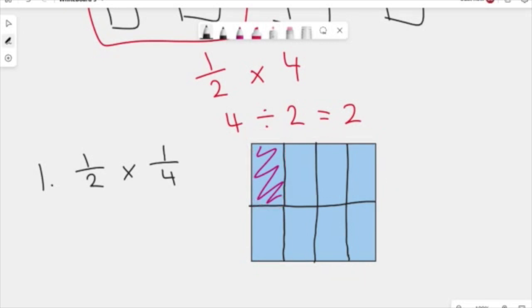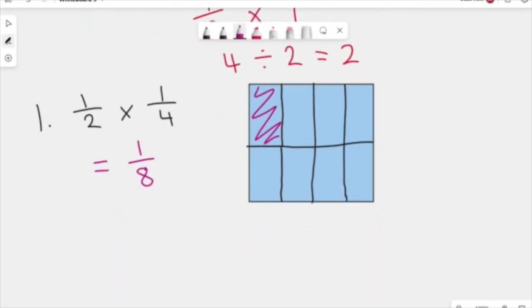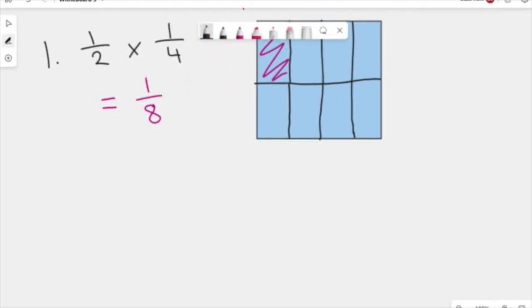So we get that a half multiplied by a quarter gives us 1 over 8. Now, let me do another example and we'll see if we can pick up on a pattern that's happening here. So we have another example. I want to find 2/3 of a quarter.